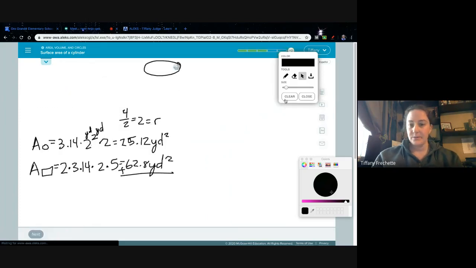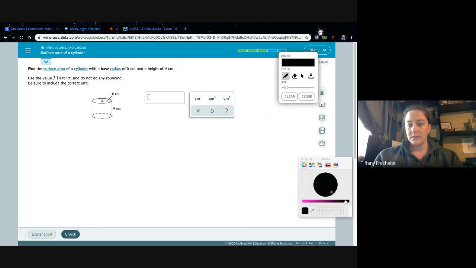All right, let's do one more of these. So let's go ahead and do our circles first. So we have pi. They want us to use 3.14. Pi times r, and they did give us r this time. And we can see that also, center to side, squared times 2, because there's a top and a bottom.